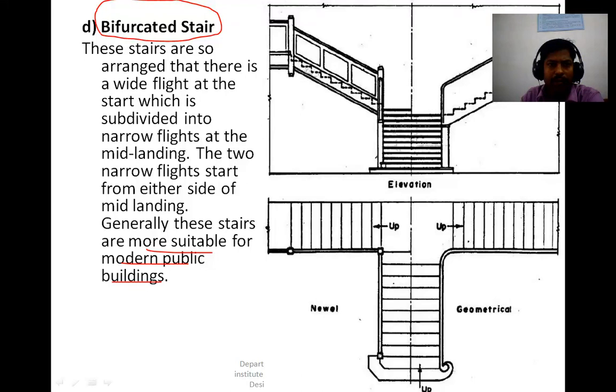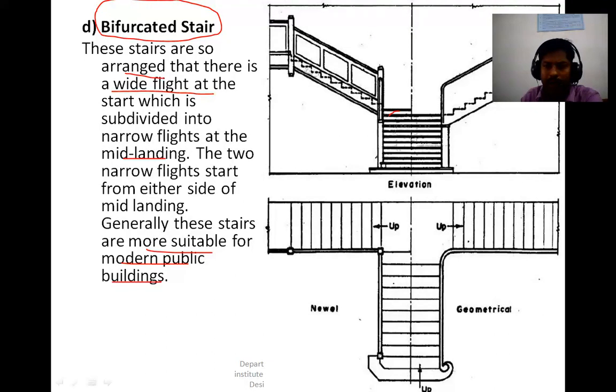These stairs are so arranged that there is a wide flight at the start. In the starting portion, the wide flight is used, and it is subdivided into narrow flights at the mid landing.